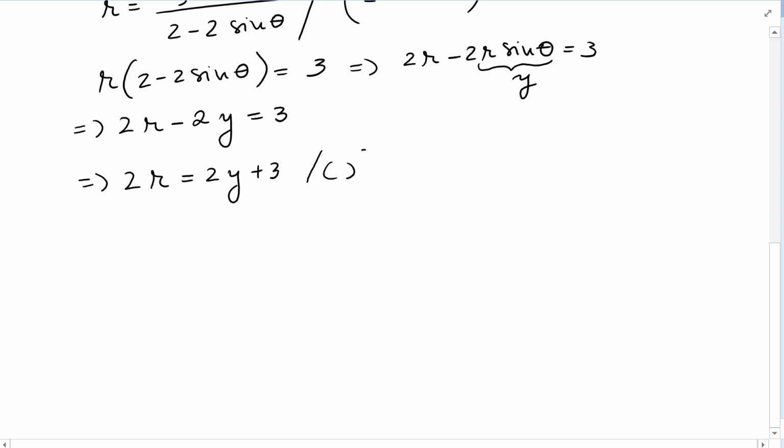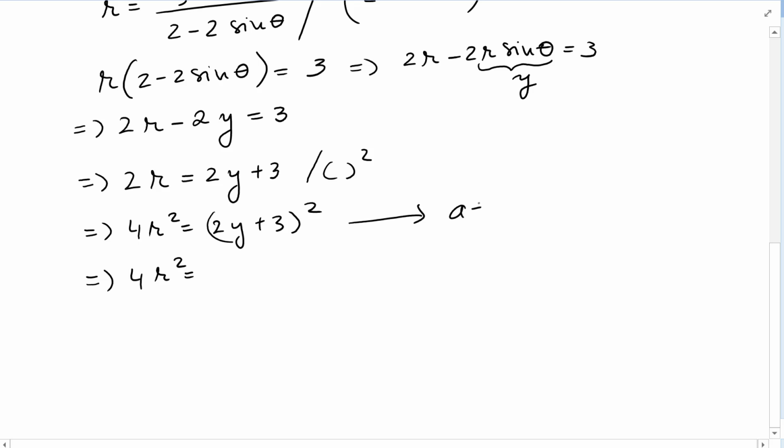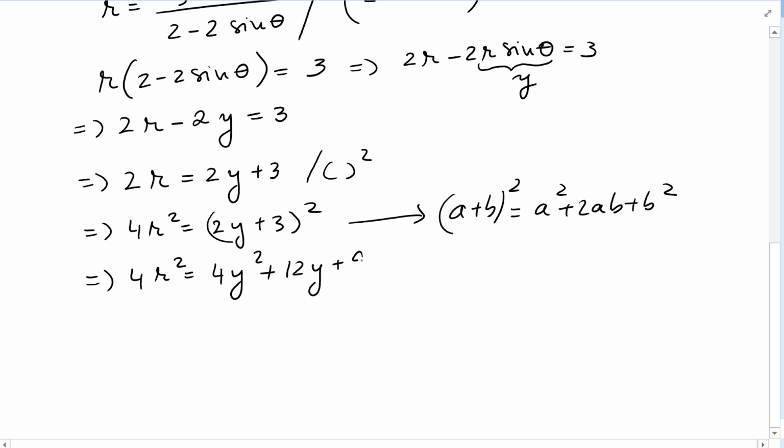I'm going to square both sides, so we get 4r squared equals (2y plus 3) squared. Here we use the formula (a plus b) squared, which is a squared plus 2ab plus b squared. So we get 4y squared plus 12y plus 9.